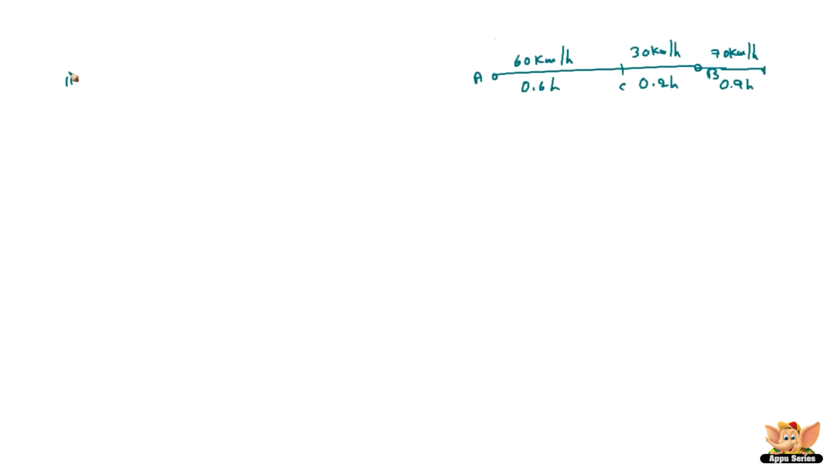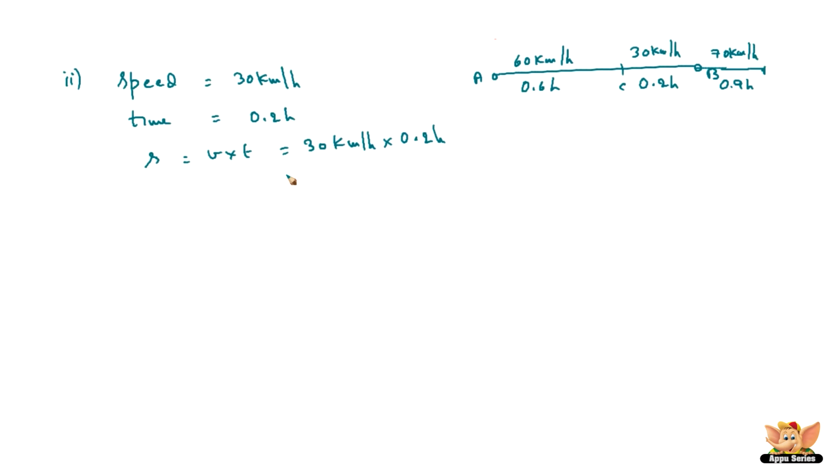Now in the second case, speed is 30 km per hour and time is 0.2 hours. Since distance traveled is V into T, which is 30 km per hour into 0.2 hour, which will come to 6 km.